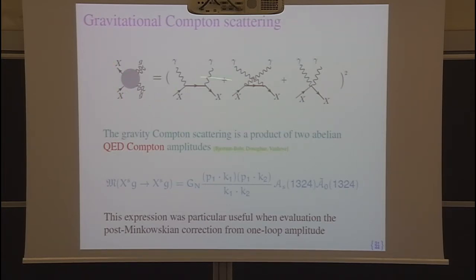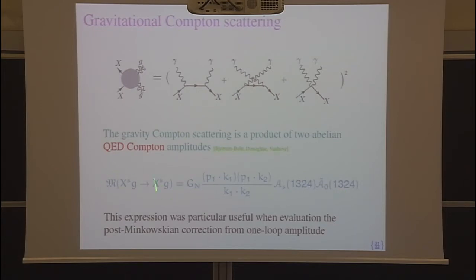emissions of two gluons from a massive particle in QCD, right? But the point is that, as we noticed, there's a channel where this gravity amplitude, where gravity normally has the non-abelian graviton pole, which is the graviton self-interaction, is actually a square of a QED amplitude.